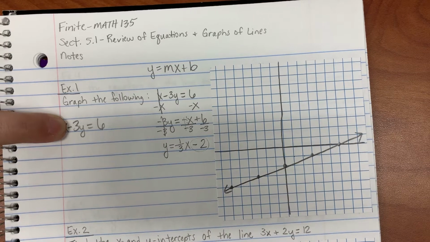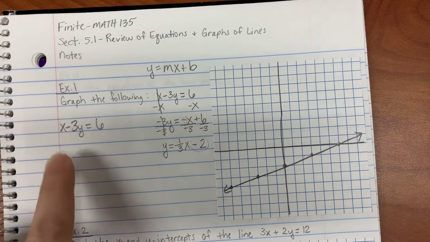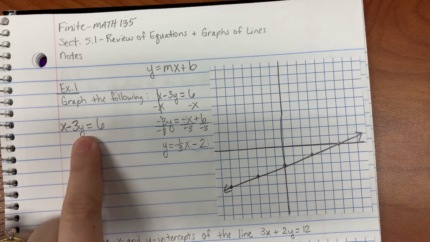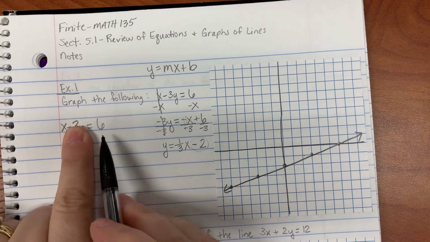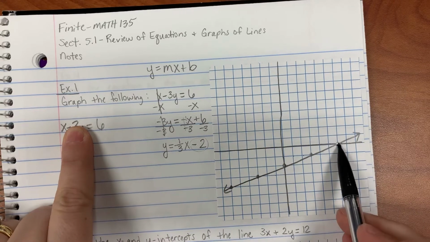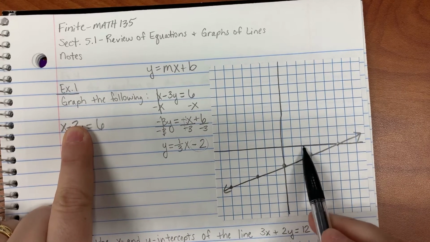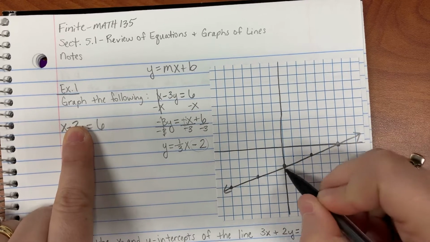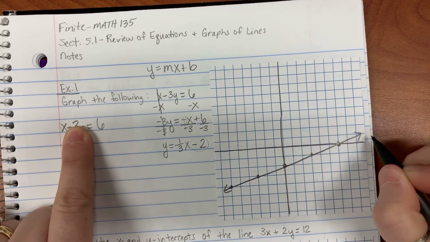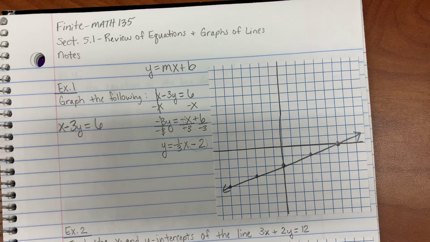That's my y-intercept. The other option would be to put 0 in for y. 3 times 0 is 0, so really just x equals 6. So my x-intercept is at 6. 1, 2, 3, 4, 5, 6. Then I could graph this point and just connect those. So that's my other option.